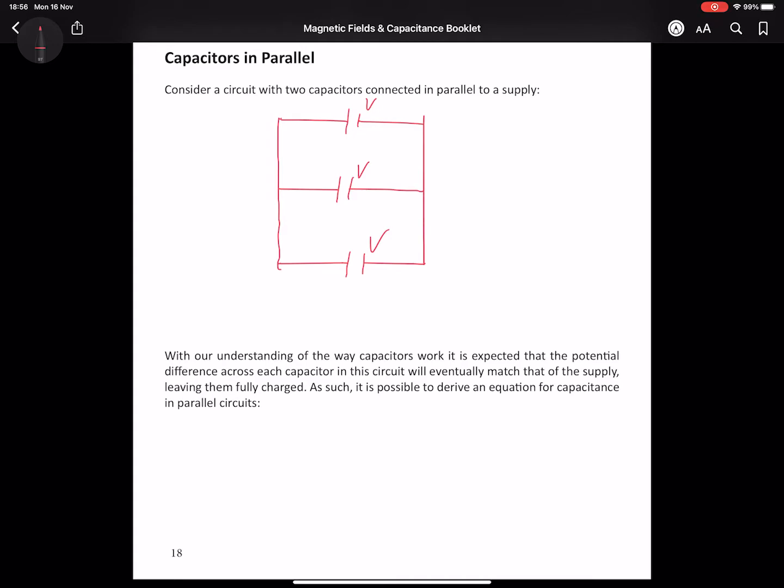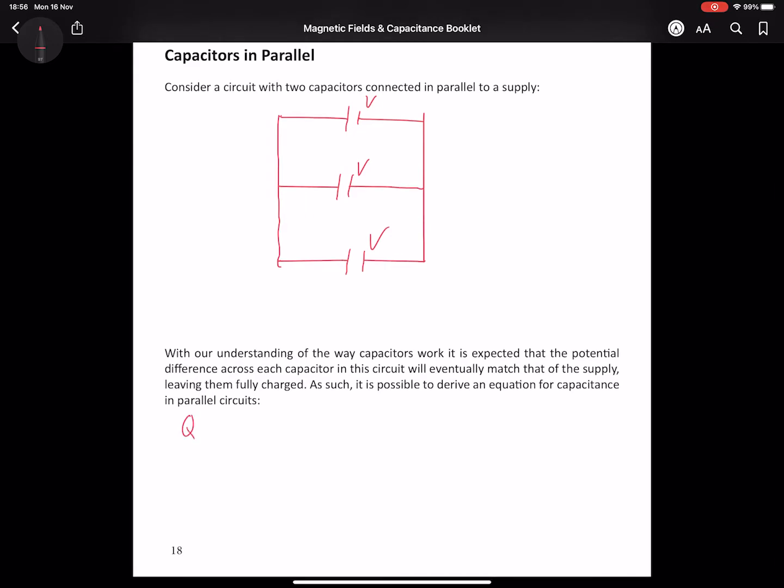As such, we can use a little bit of maths to derive a basic equation here for capacitance in parallel. First, consider the charge. The total charge in this circuit will be equal to the total charge collected across each of the capacitors. So a simple sum of Q1, Q2, Q3, etc. for each capacitor that's positioned in parallel.